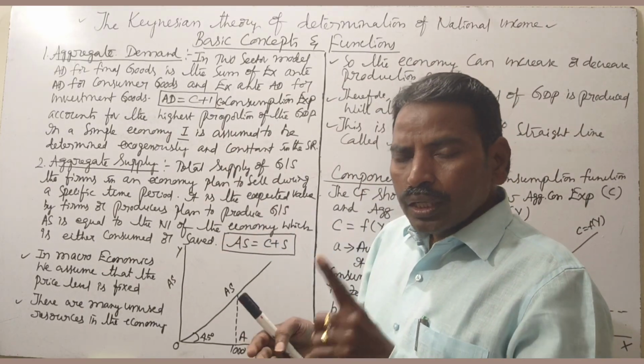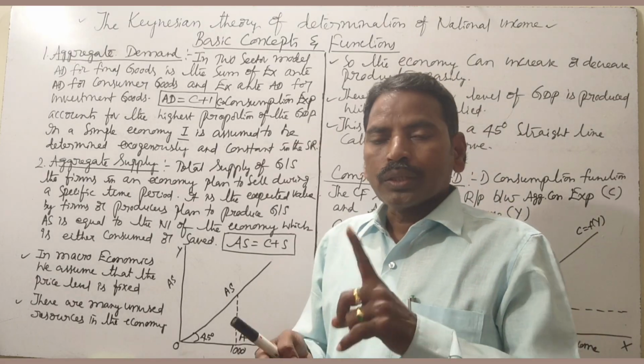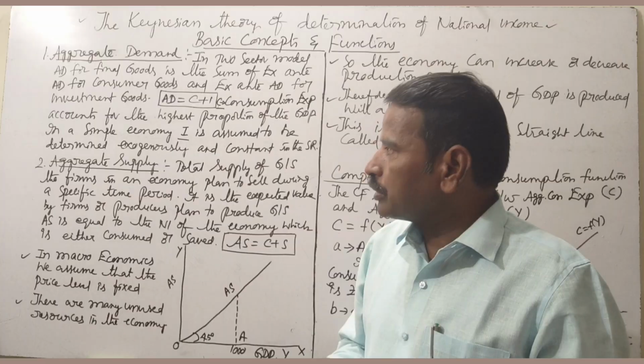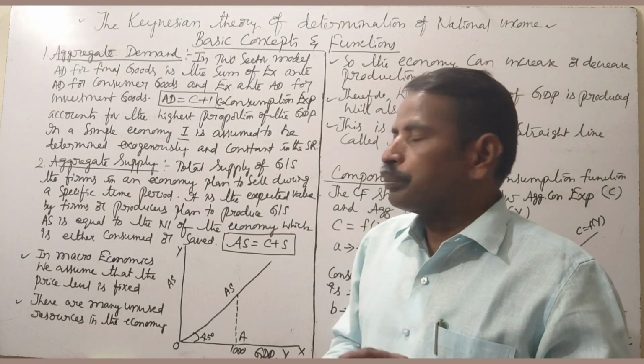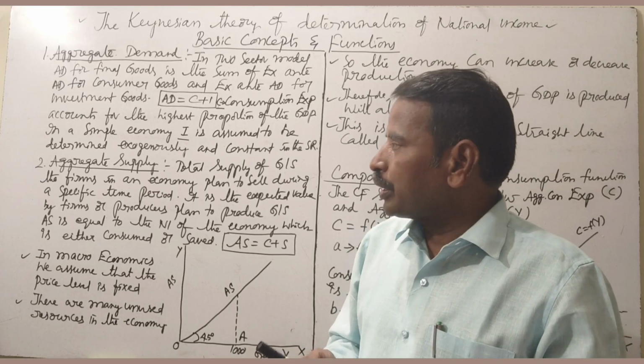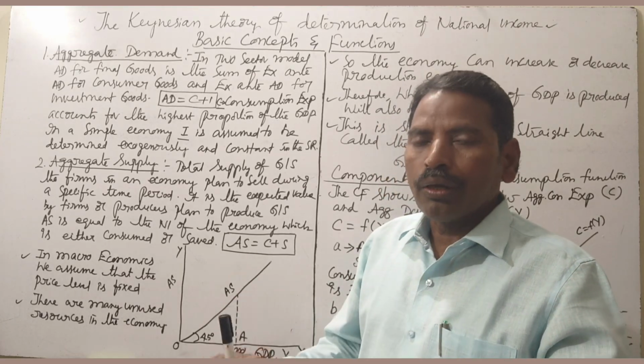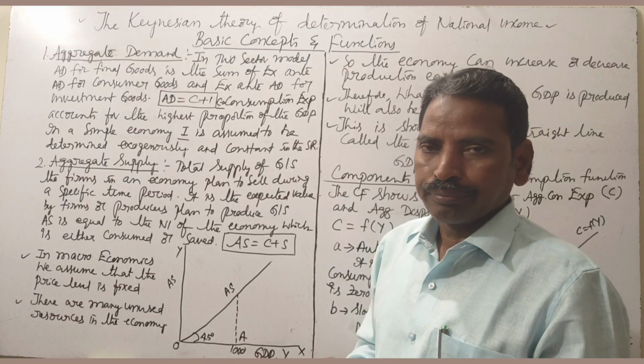Here, C indicates consumption expenditure. Consumption expenditure accounts for the highest proportion of the gross domestic product.